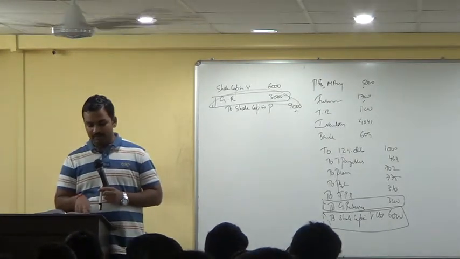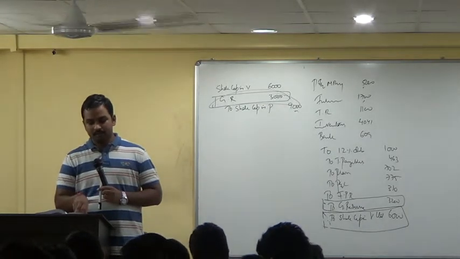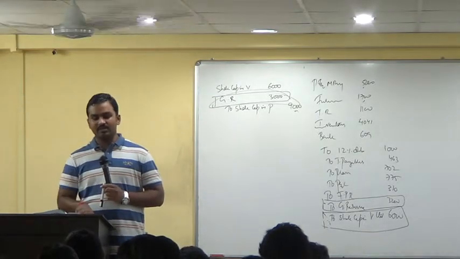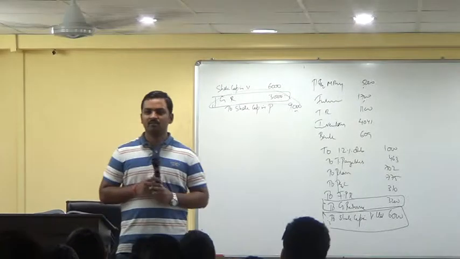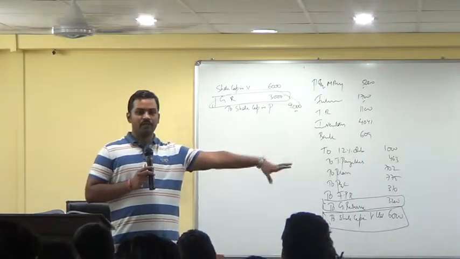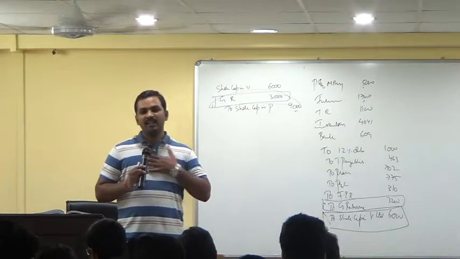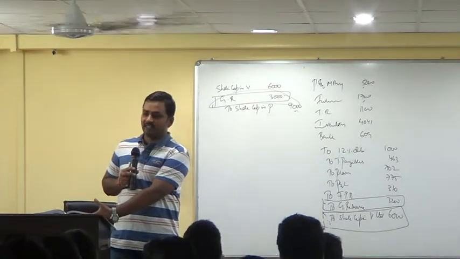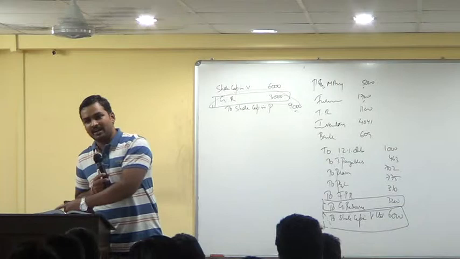So see the balance sheet of V Limited. Bills receivable 80 we are showing in the balance sheet of V Limited. These bills receivable are bills payable for P Limited. P Limited is showing bills payable 80.